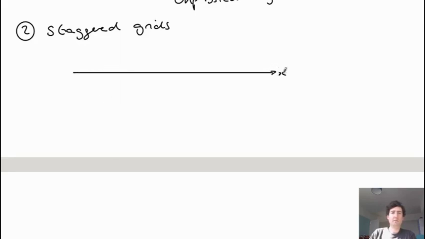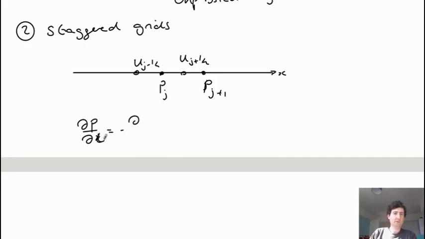Now we have these p's on here, so p at j plus 1. Now I have u at the half grid cells, so at j plus a half, and I have u at j minus a half. So for the pressure equation, dp by dt is minus du by dx.